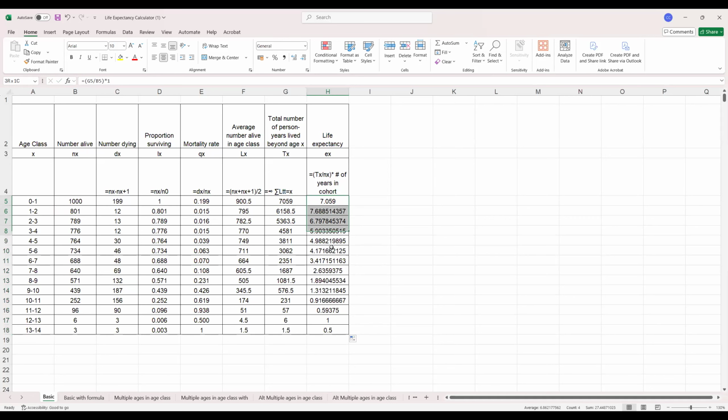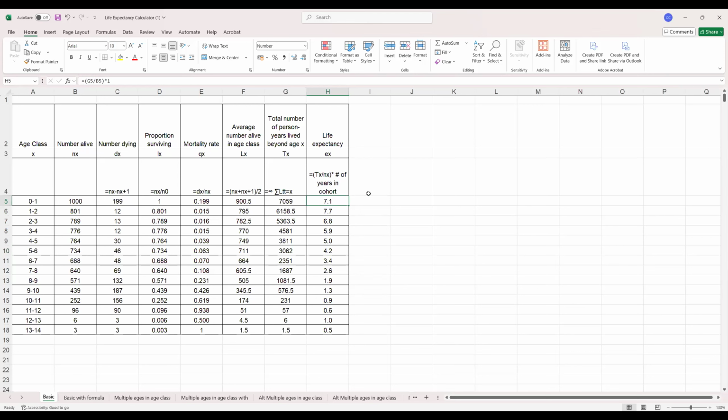And then for E sub x, we usually just put in 1 decimal place kasi it's number of years left to live. So hindi naman na mahirap nang i-compute pag sobrang daming decimal place.